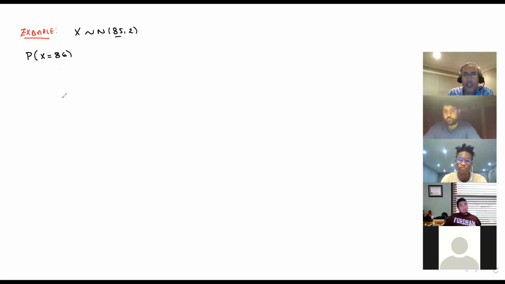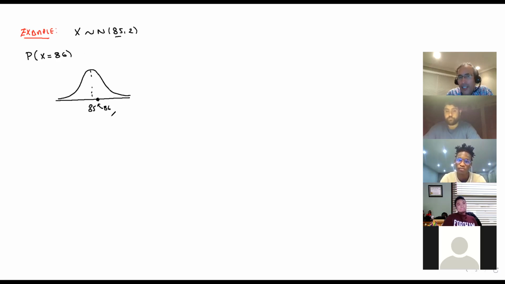Remember, guys, that the normal distribution is a continuous distribution. Do you agree? So every possible value is feasible. The number 85 here is the mean. What I'm asking is the probability of having 86 sharp.